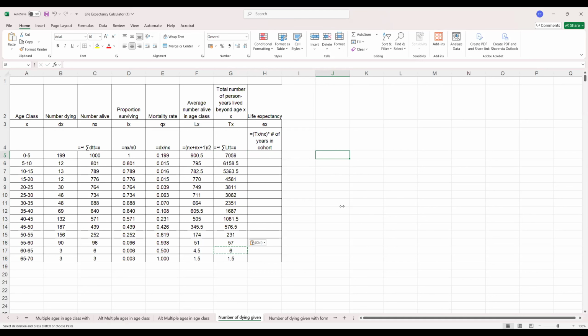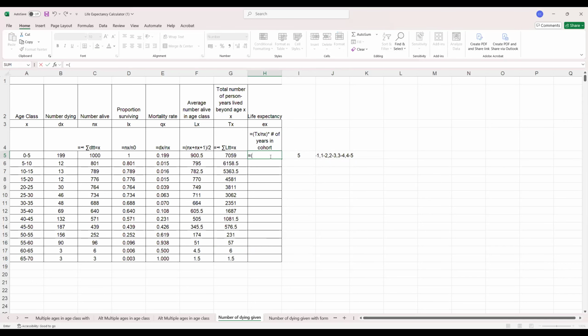So since it's overlapping, how do we count the number of years in an age class, Miles? 0 to 1, 1 to 2, 2 to 3, 3 to 4, and 4 to 5. Thank you so much for that, Miles. So let's count, 1, 2, 3, 4, 5. So we have 5 years in this cohort.